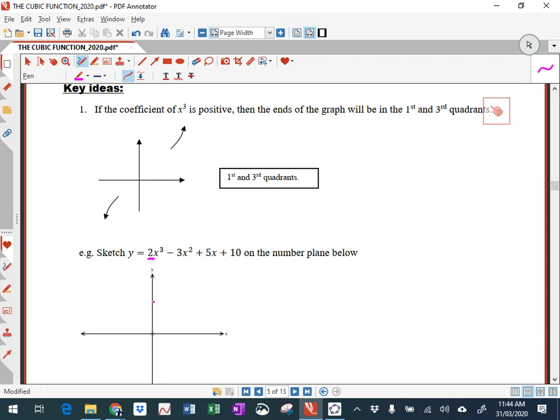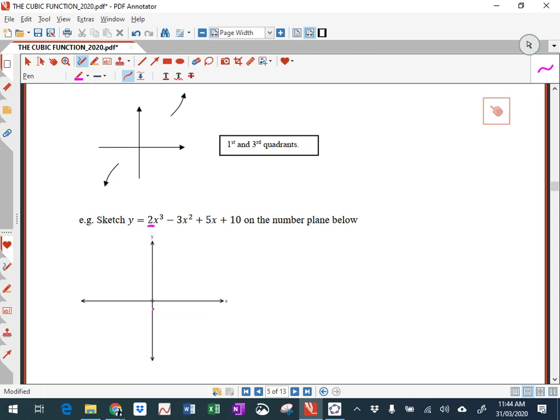So if I was to figure out how to sketch that, I know that it starts in the third quadrant and finishes in the first, maybe it goes like this, something like that. Now, is that an accurate sketch? No, because I just realised that that's got a y-intercept of 10, so this should be higher.